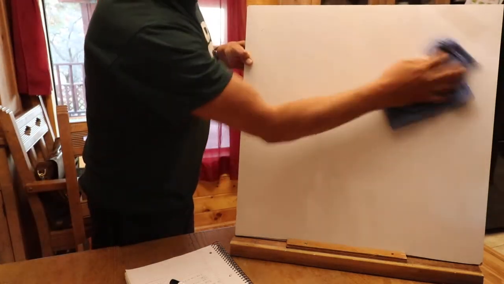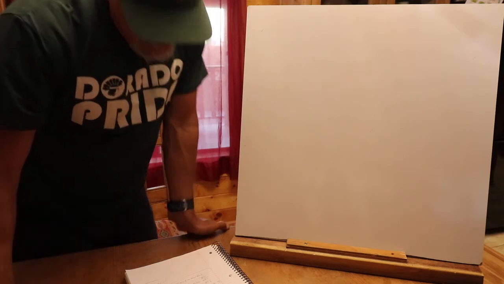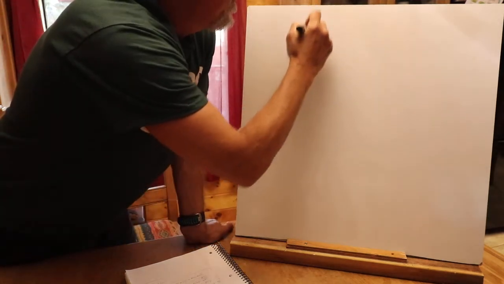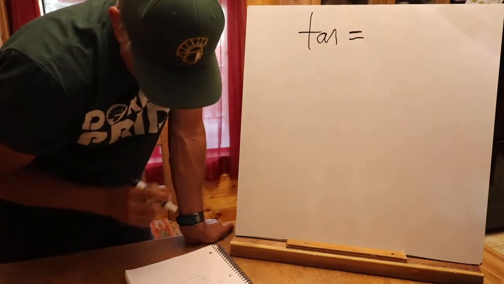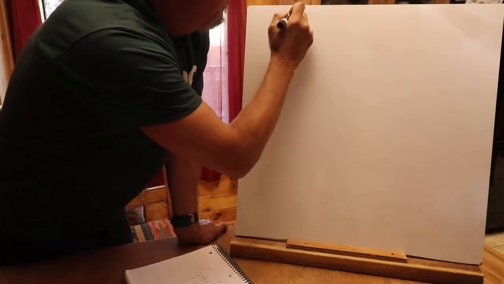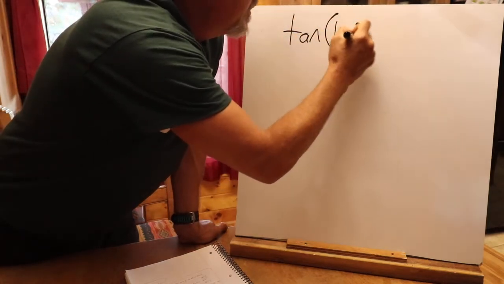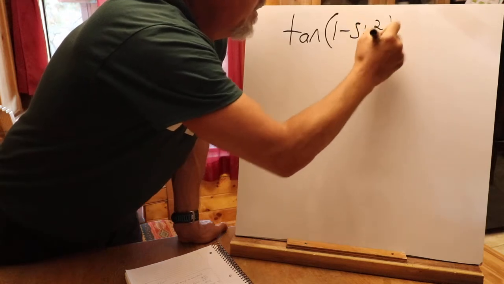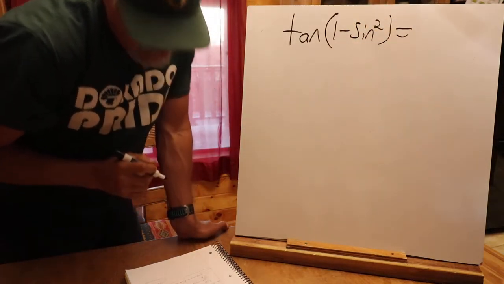Here's another example. Tangent theta, but I'm not going to put the theta again, times 1 minus sine squared equals sine cosine.